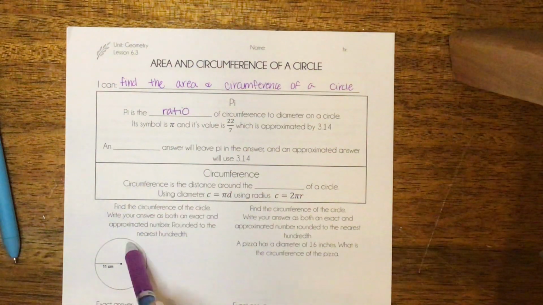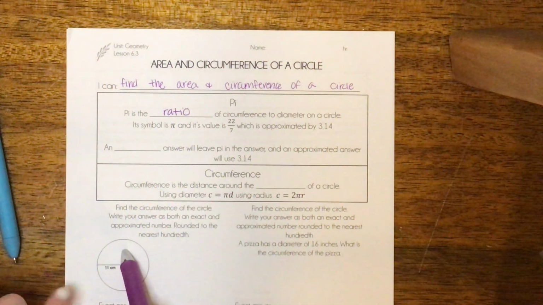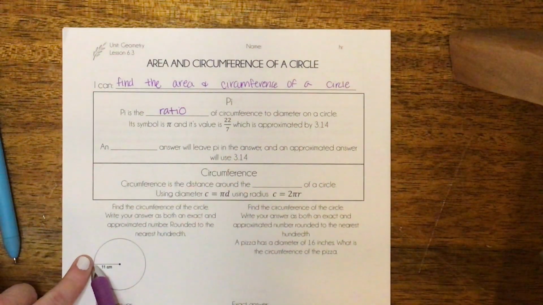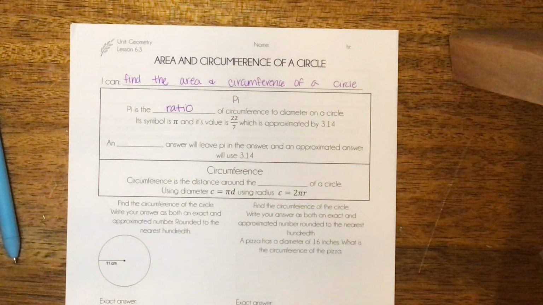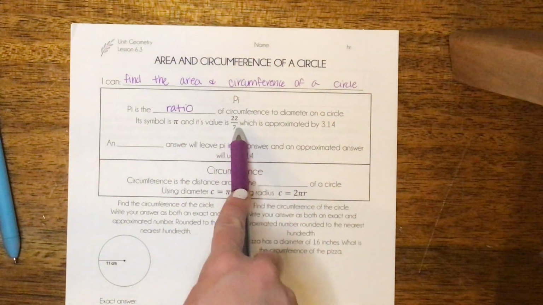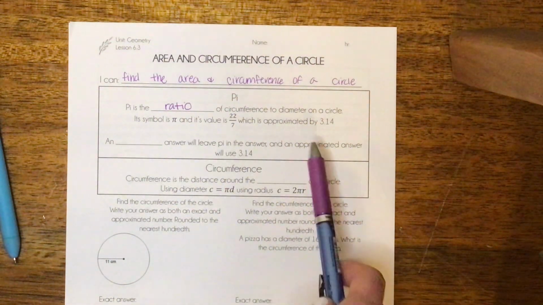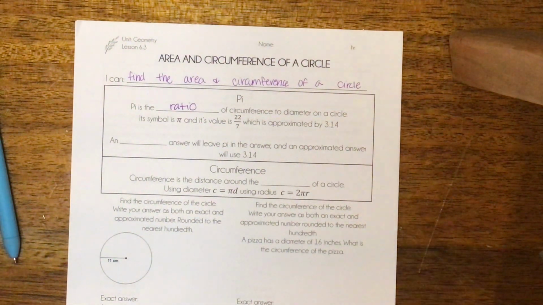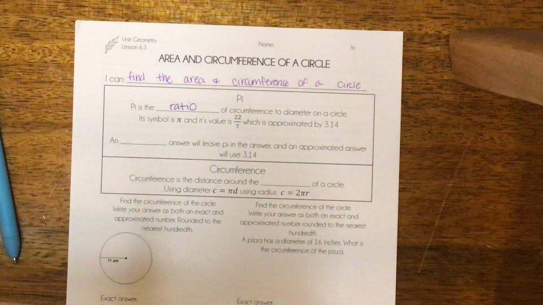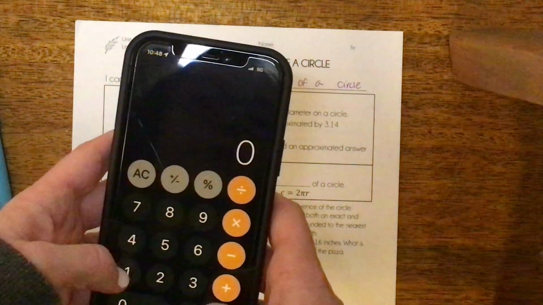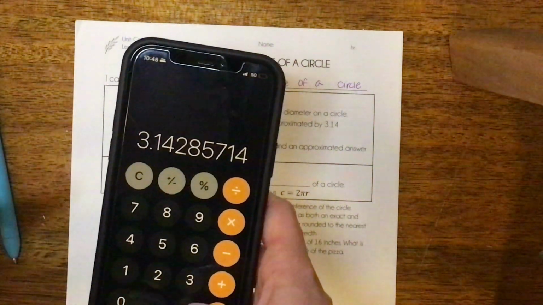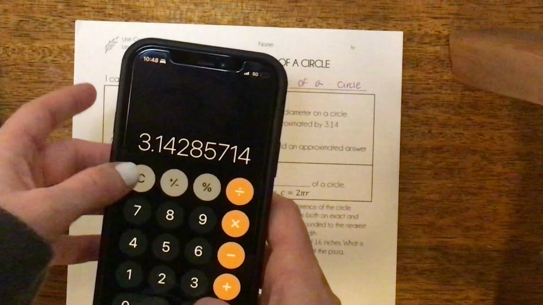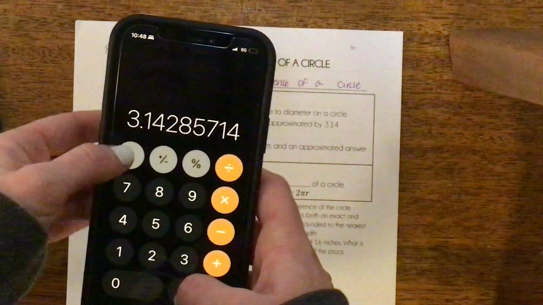If I take the measurement of the distance around the outside compared to the distance across that circle, that ratio will always reduce to this fraction 22 over 7, which we write as 3.14 because it's actually a really long number. It goes on forever, legitimately forever. So 22 divided by 7. I don't know how to type that in every time, right? So we just use 3.14 for approximating, so not exactly.